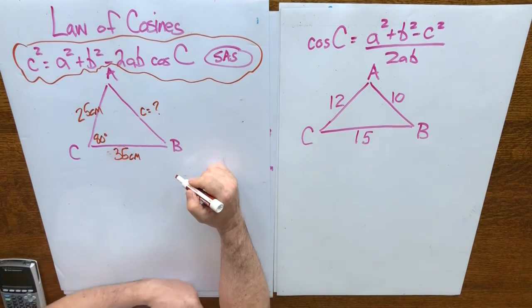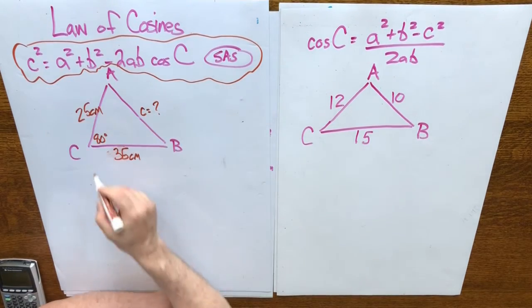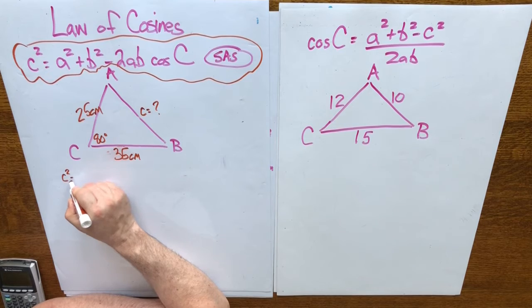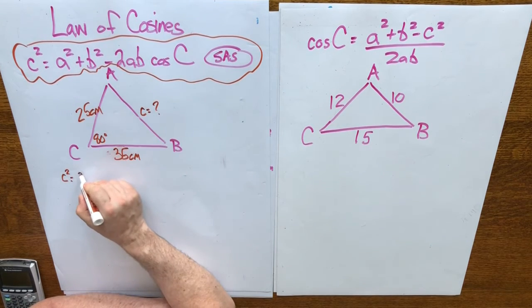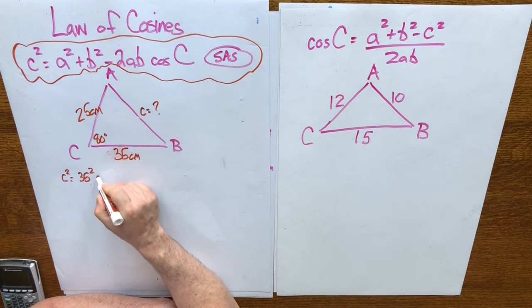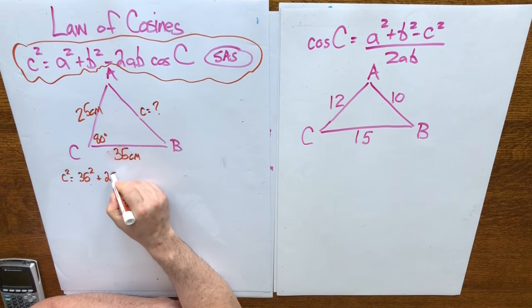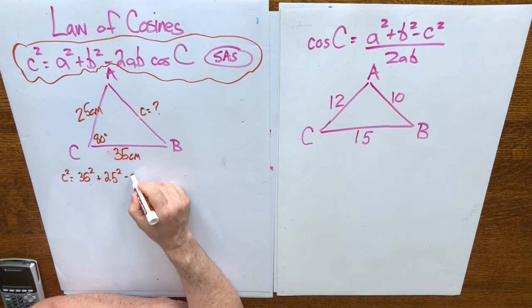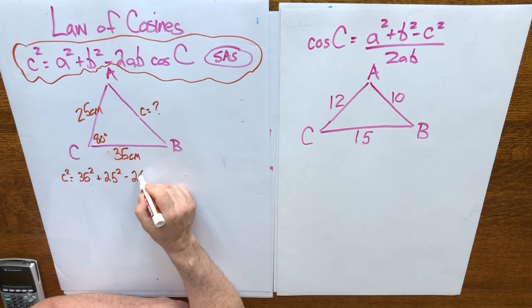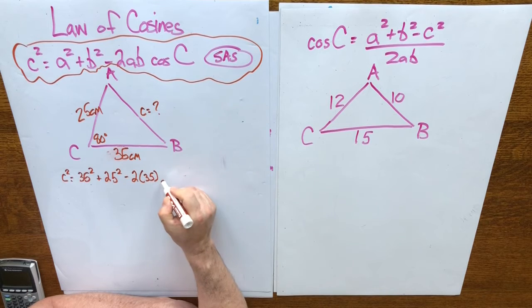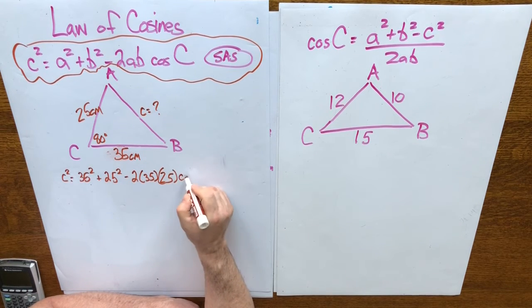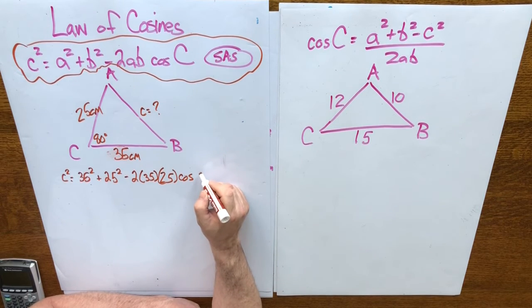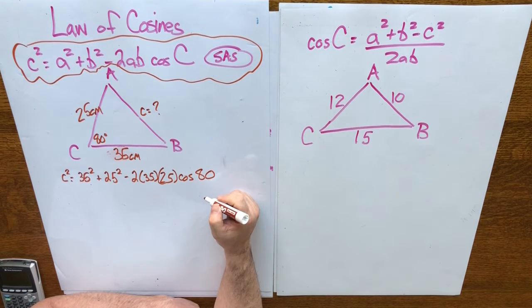And it says that if you're going to find c, lowercase c, it's equal to a squared, side a squared, plus side b squared, minus 2 times a times b times the cosine of angle C. So look at the pattern of those numbers.